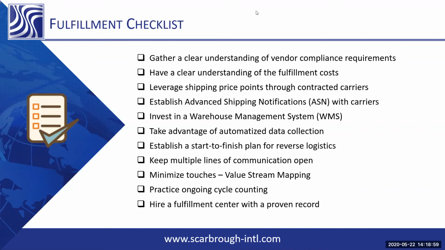The next point: invest in a warehouse management system. Any good 3PL will have a warehouse management system to allow you to see your orders in real time as they're being processed, and the status of those orders in the warehouse that's doing the fulfillment for you. Additionally, you can see your inventory on hand.